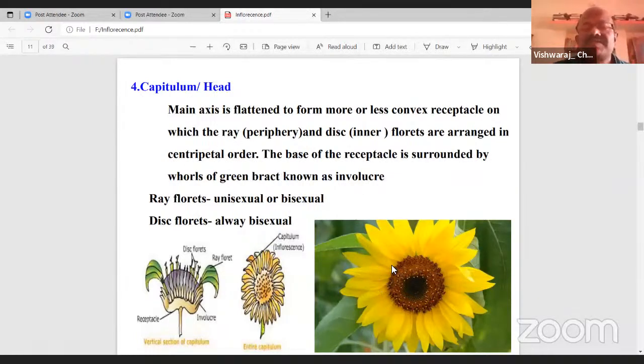On this flattened part of the main axis, a number of flowers develop. That is called receptacle, and on the periphery are ray florets. Yellow color is ray floret, and this dark yellow is a disc floret.